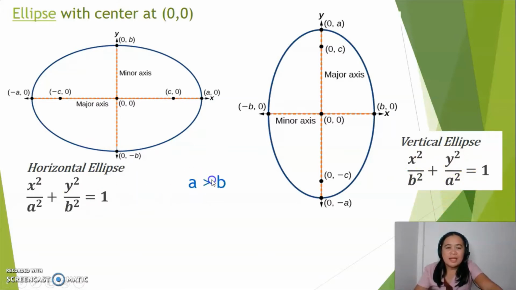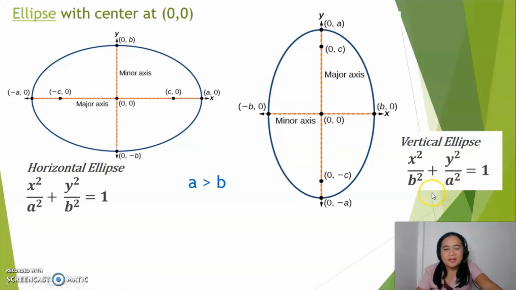Now take note that a is greater than b, or a, which is center to vertex, is always greater than center to co-vertex. Now what does it imply? Therefore, it means that the bigger denominator determines the kind of ellipse. For example, if the bigger denominator is under x, then it's horizontal.